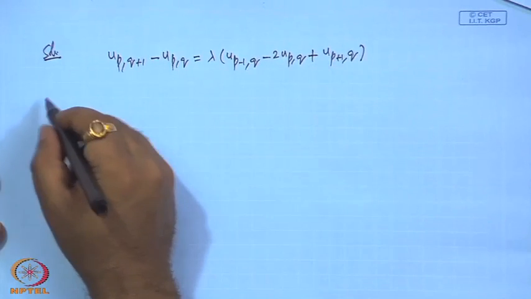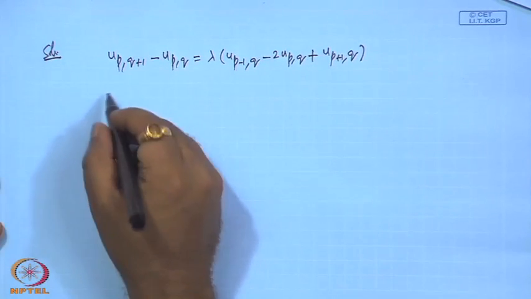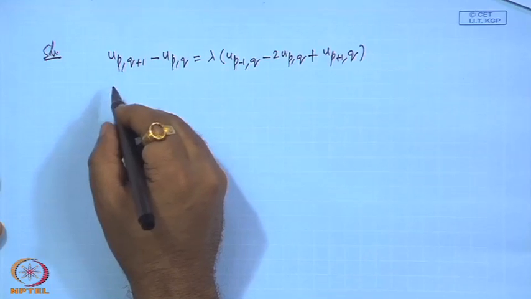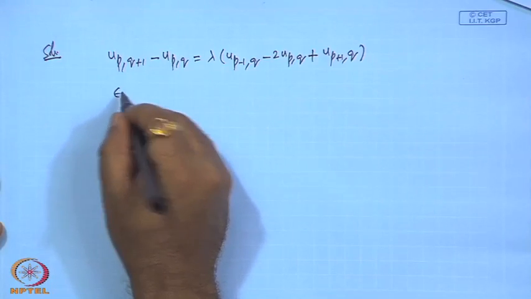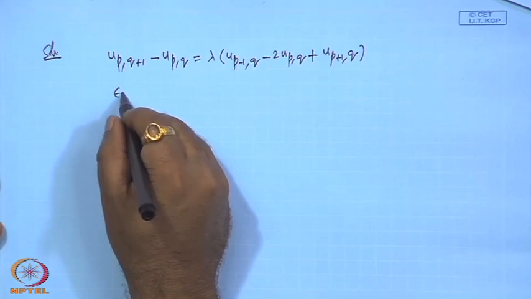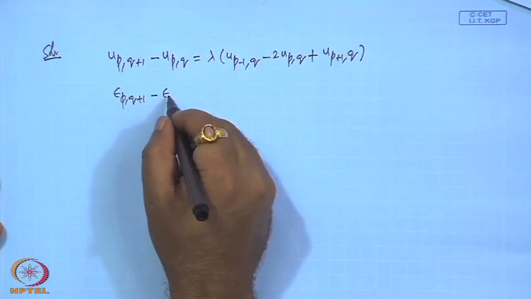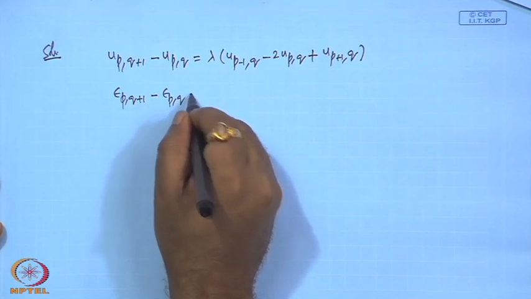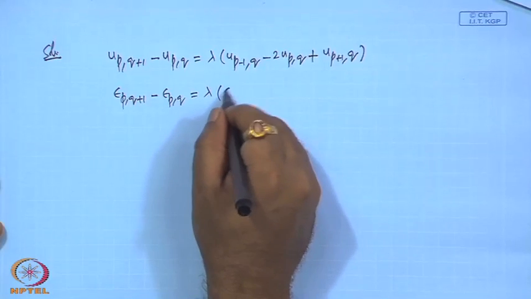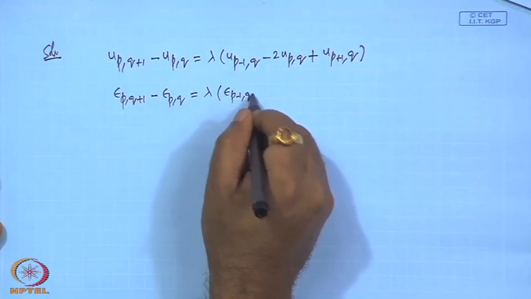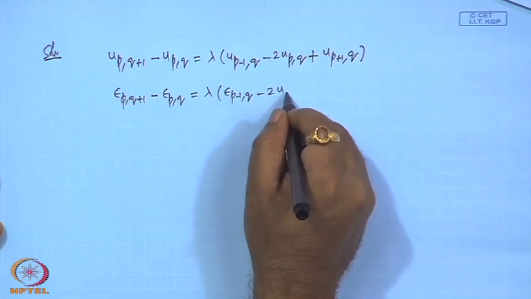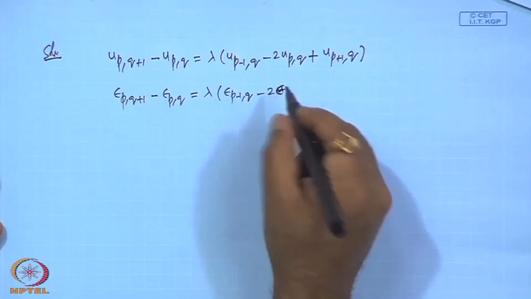So, now accordingly the equation satisfied by the error, we have to follow the index notation carefully. So, this is epsilon.